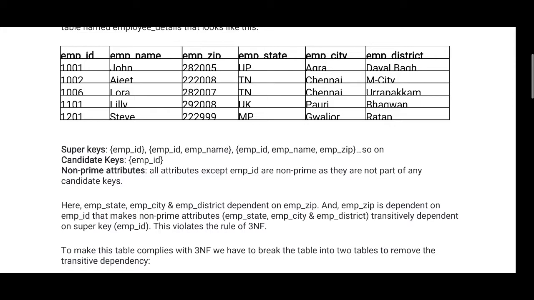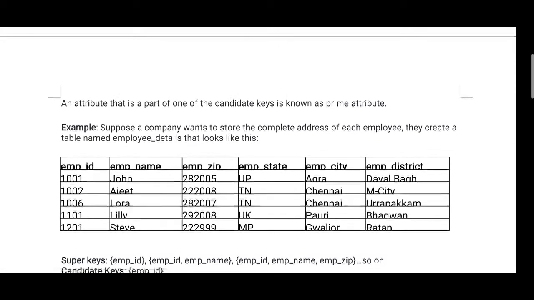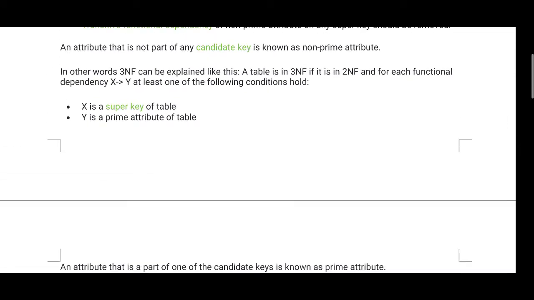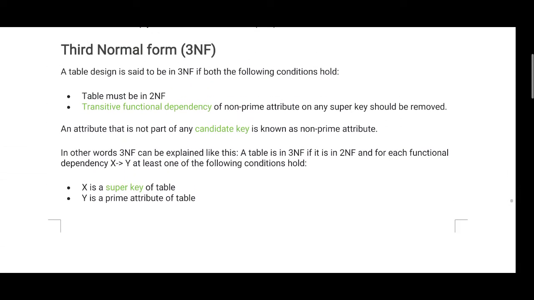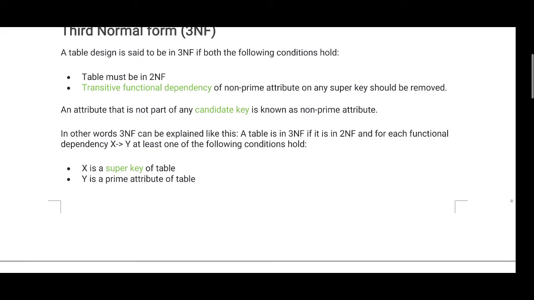Here we divide the table into three parts because in third normal form we have no transitive functional dependency of non-prime attributes on a superkey; it should be removed.